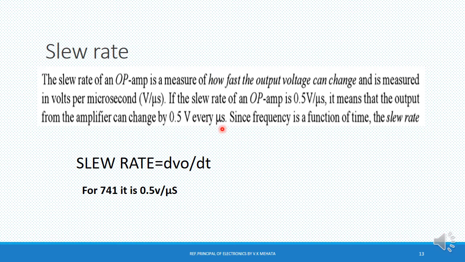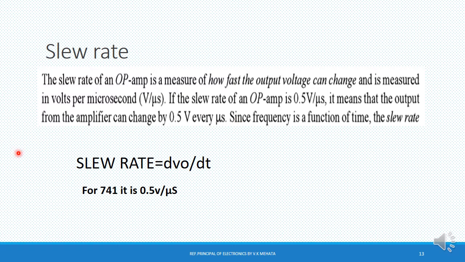For 1 microsecond, the output is going to change by 0.5 volts. Since the output voltage is a function of time, the slew rate is given by dVout divided by dt. Slew rate is defined as dVout divided by dt. For the 741 IC, its value is 0.5 volts per microsecond, as I already told.